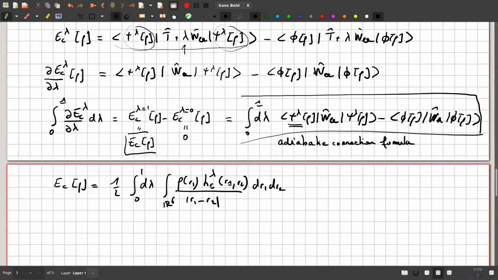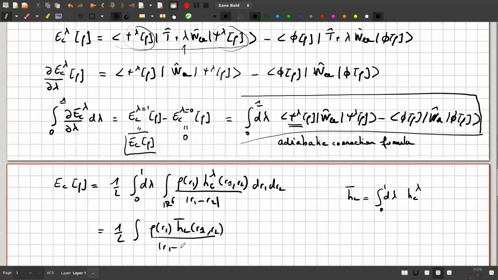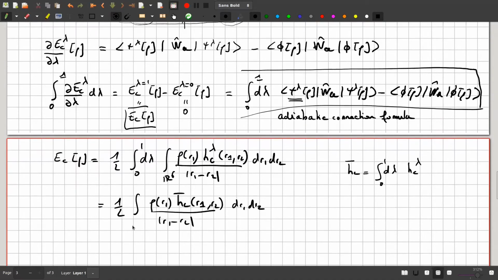So in fact, you can define what is called the coupling constant integrated correlation hole, H_C bar, okay, which is the integral of H_C lambda over lambda from 0 to 1. And you can express this as simply the integral of rho R1 H_C bar R1 R2 in R2.